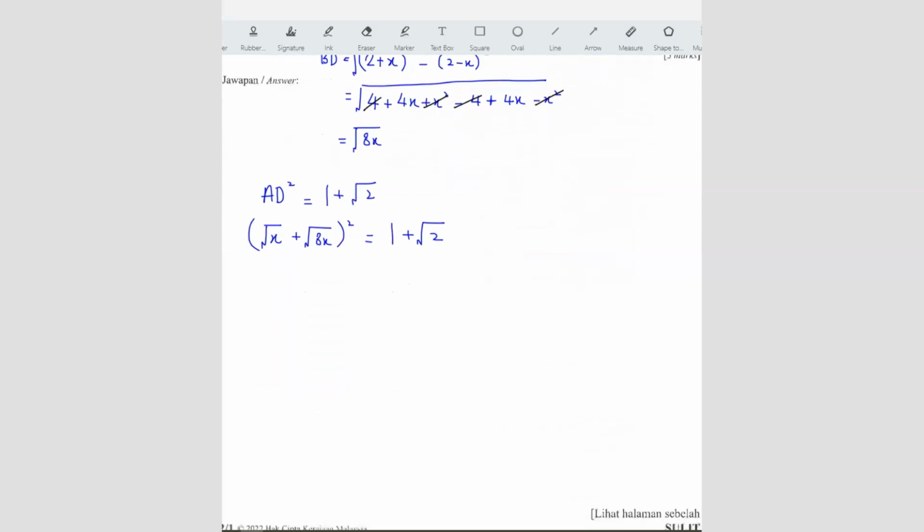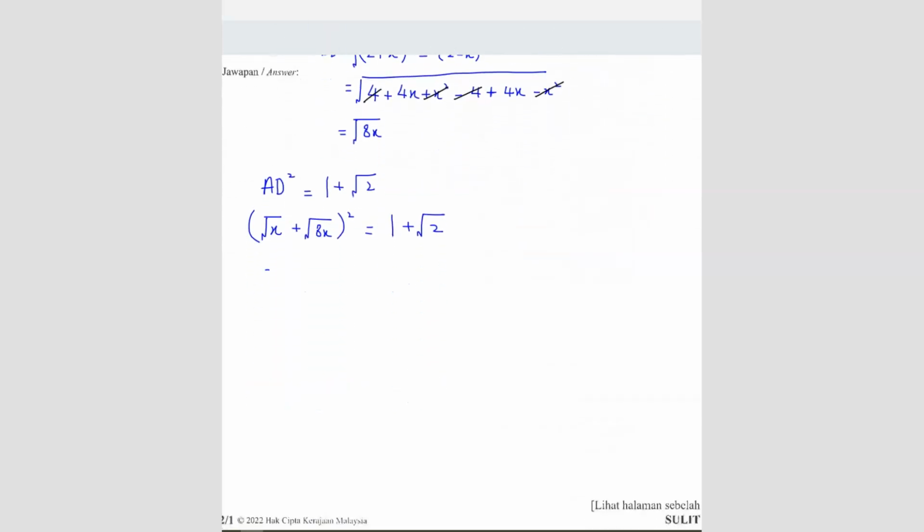Okay, so let's do this. So you get x plus 2 square root 8x square plus 8x equals to 1 plus square root 2. Okay, and then here this one you can combine, you get 9x plus, so this one you can actually make it into a simpler form.